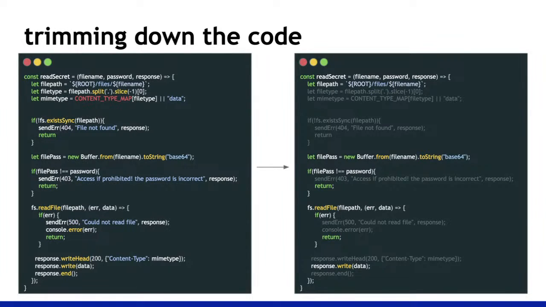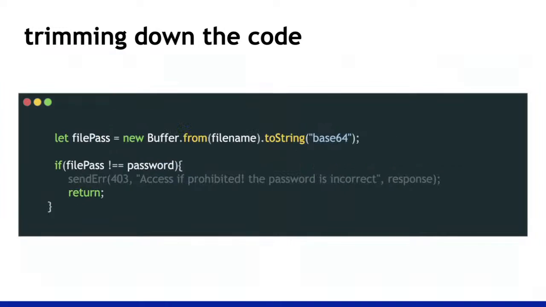Again, we ignored the reading error because that's not something that we can control. And ultimately, we are focusing down on these lines, where we have the file path being defined from a buffer from the file name, which is being created into a base64 string.